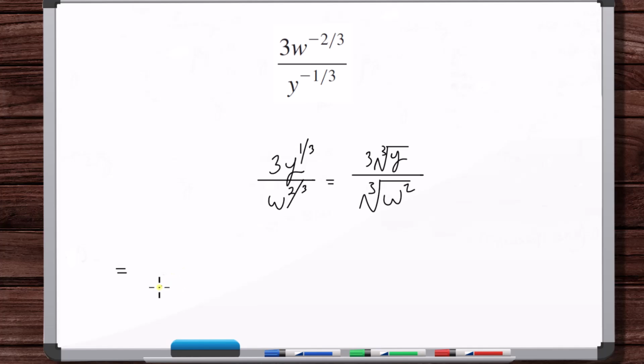So we've got w to the 2/3. So we want to do w to the 1/3 over w to the 1/3.